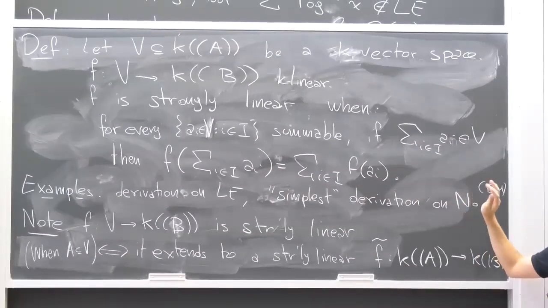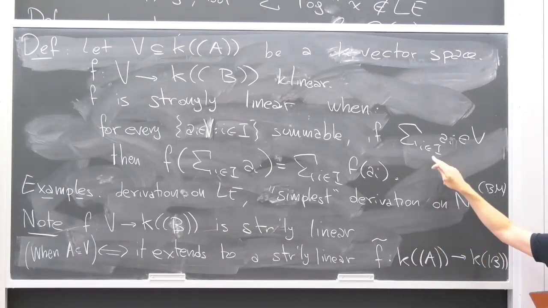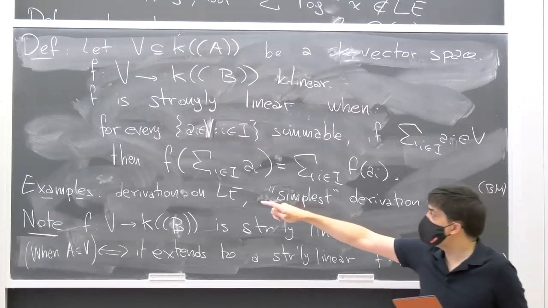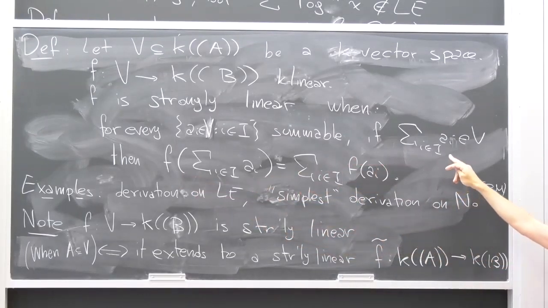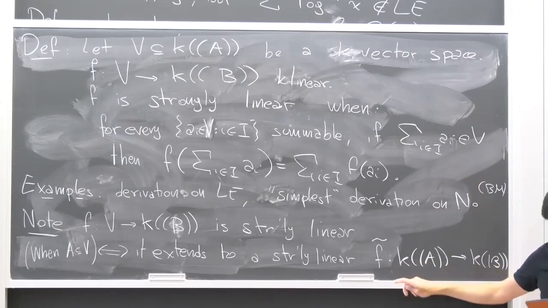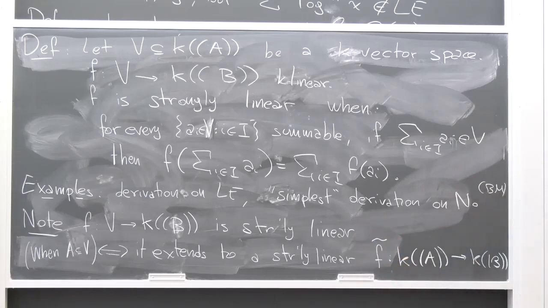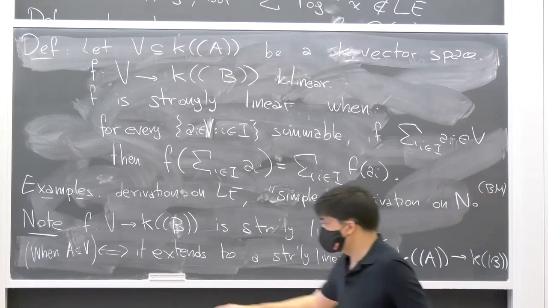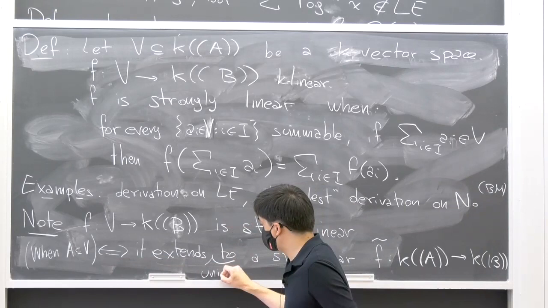This already imposes so many restrictions on its own that you can apply F even if the sum is not in V, and you can make sense of the value of F outside of it, and that's how you produce this extension. Yes, because I have this assumption. Yes, thank you. Uniquely.